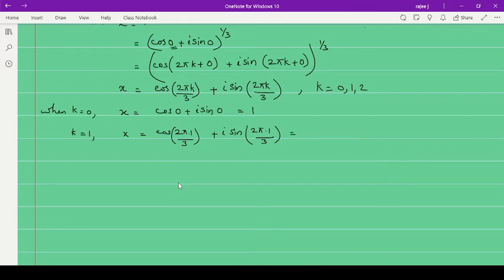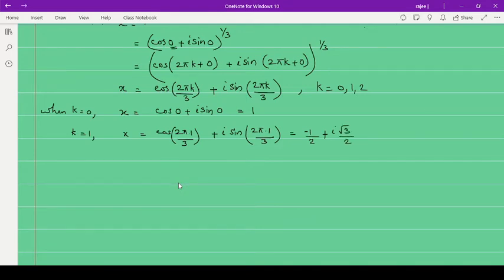Just check what is the answer of cos 2 pi by 3. Cos 120 we will get minus half. Please check. Yes, ma'am, minus half. And similarly sin 120 is plus root 3 by 2. So sin 120 is i into root 3 by 2.